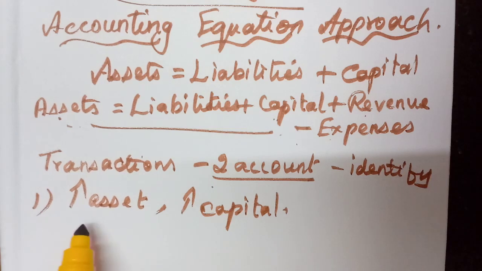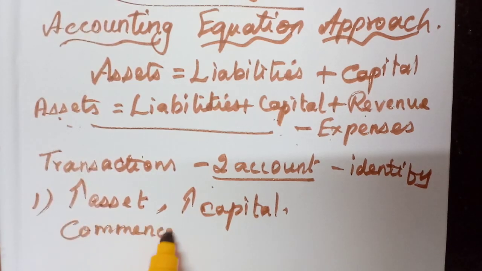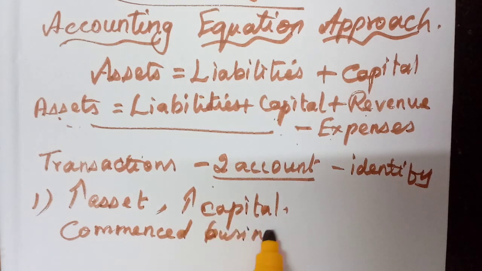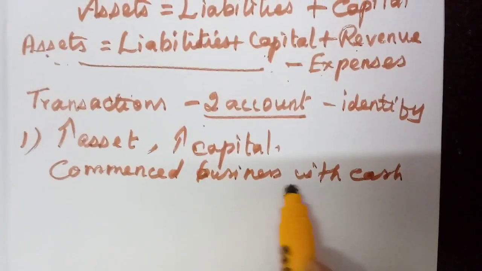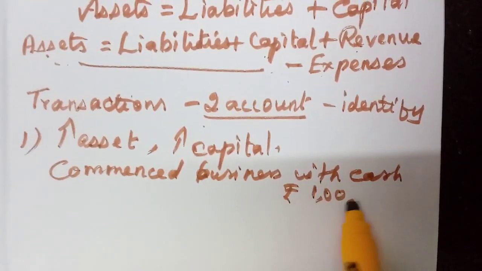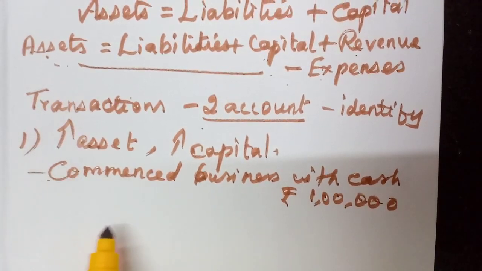When a businessman starts a business, we can write that transaction, isn't it? Commenced business with cash rupees 1 lakh. Okay, this is the transaction.